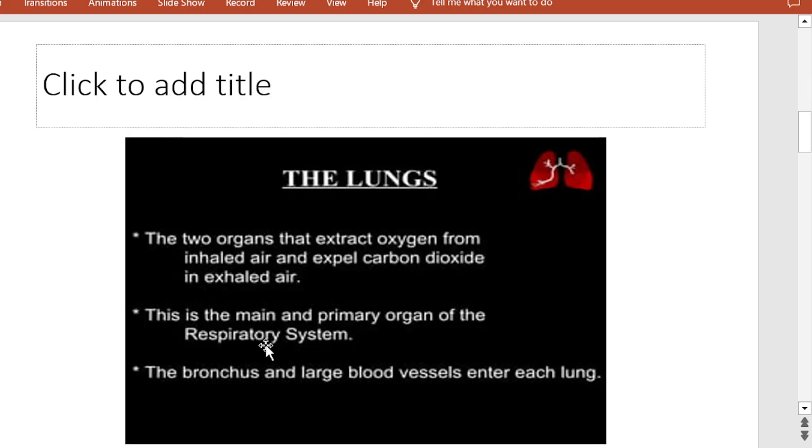Everybody knows that the lungs are the two organs that extract oxygen from inhaled air and expel carbon dioxide. Starting from childhood we are studying about the lungs. They are the main and primary organs of the respiratory system. The bronchus and the large blood vessels enter into each lung.